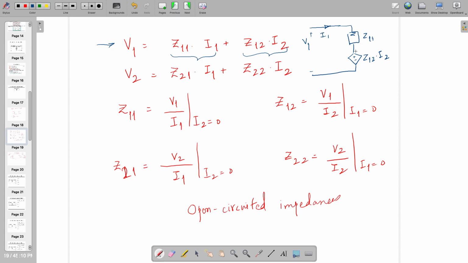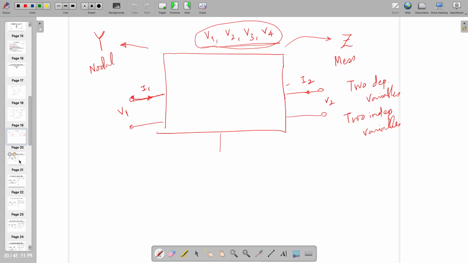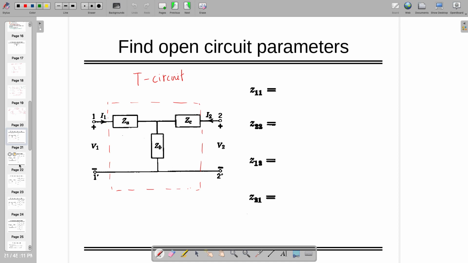This is a dependent voltage source, or depending on I2. If I want to complete the circuit, other side I am going to see V2, where I am going to have Z22 with the current I2 and another voltage Z21 times I1. This way you can make even pi circuit. This way you can make T circuit. So depending on what circuit you are observing, but at the end of the day you should have the same answer, right?